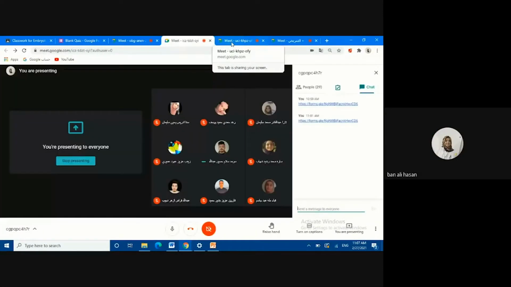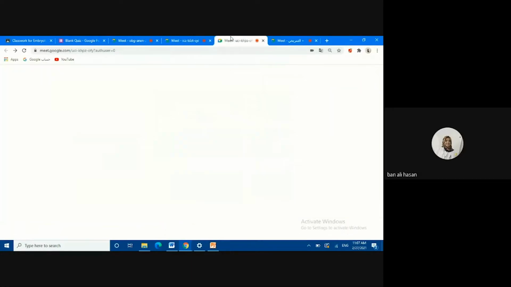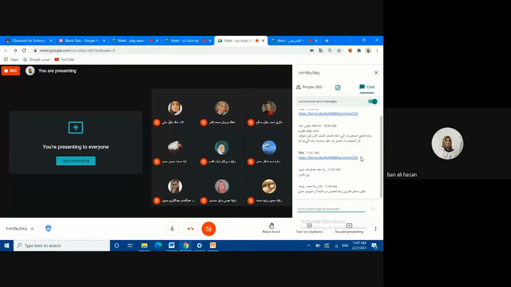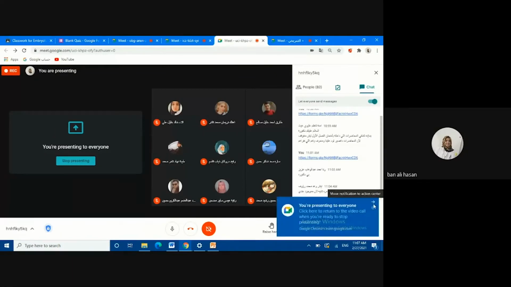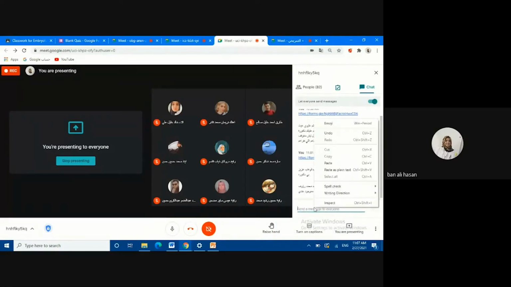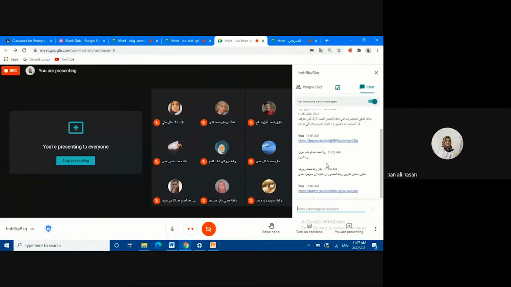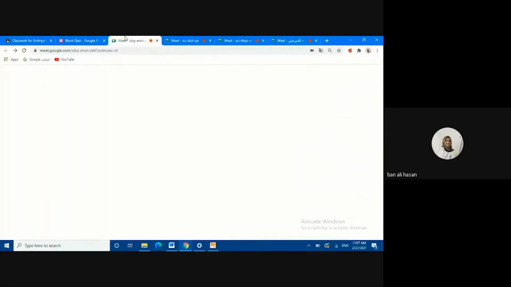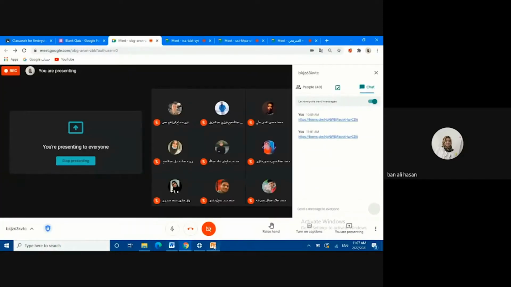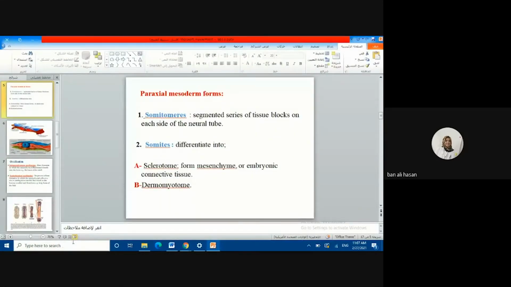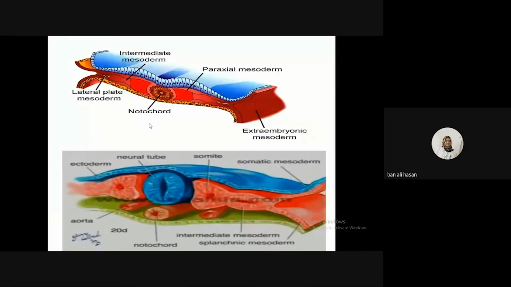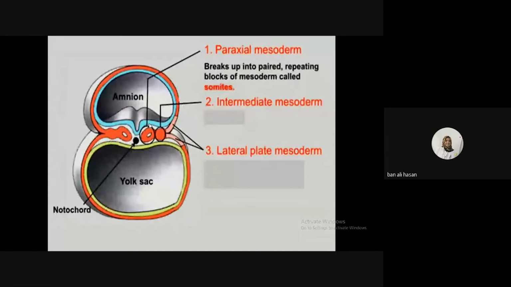Look at here, this is showing you the development of the three germ layers. We said before that we have ectoderm, mesoderm, and endoderm. And then the mesoderm differentiates into paraxial mesoderm, intermediate mesoderm, and lateral plate mesoderm.